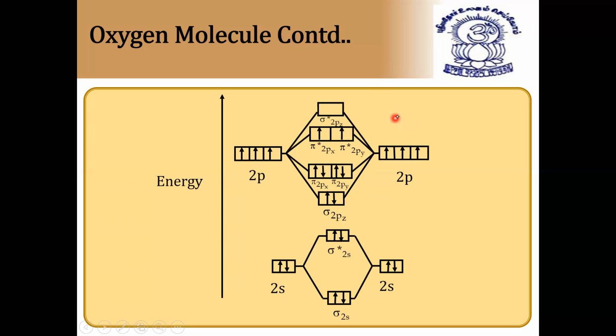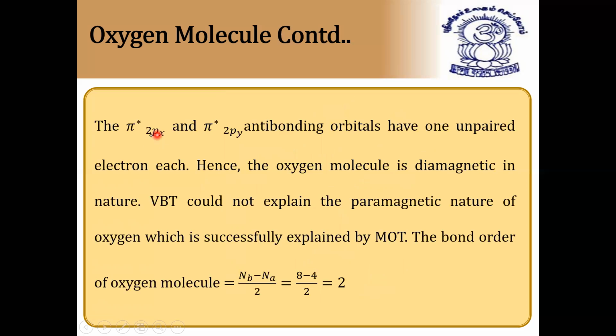And let us see the configuration. The pi star 2px and pi star 2py antibonding orbitals have only one unpaired electron each. Hence, the oxygen molecule is... no, it has unpaired electrons, so it is not diamagnetic in nature. BBT could not explain the paramagnetic nature of oxygen, which is successfully explained by MOT.